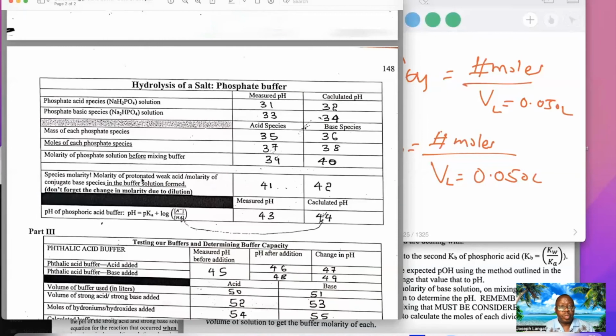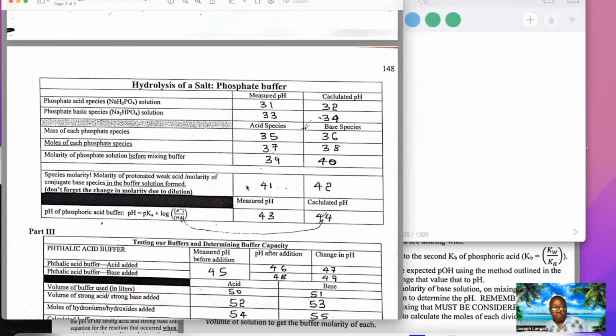Molarity of the protonated weak acid and of the conjugate base species in the buffer solution. Now, number 42 is going to change a little bit, because there is the measured pH.